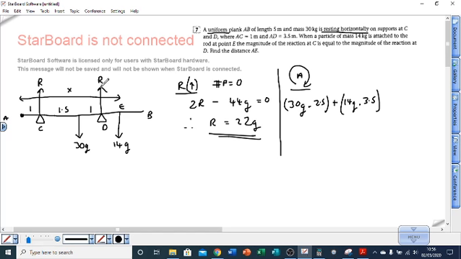Now this and this are both negative, and we know R is 22g, so it is 22g multiplied by its perpendicular distance, which is 1. The other negative is the other 22g, and it is multiplied by its perpendicular distance here, which is, just looking at that, 3.5.